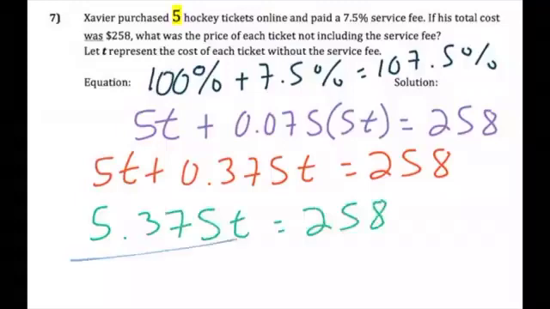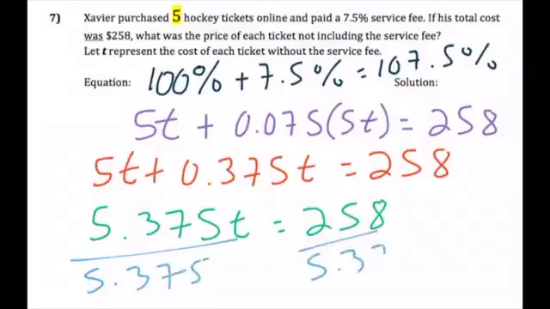Now we're going to divide both sides by 5.375. And we get T equals 48. So we know it's $48 per ticket.